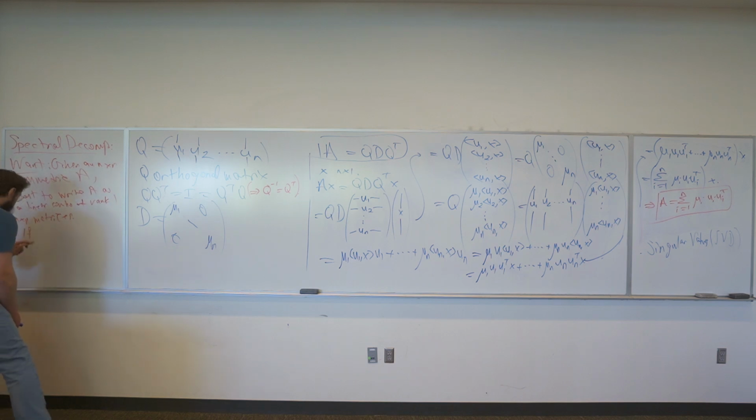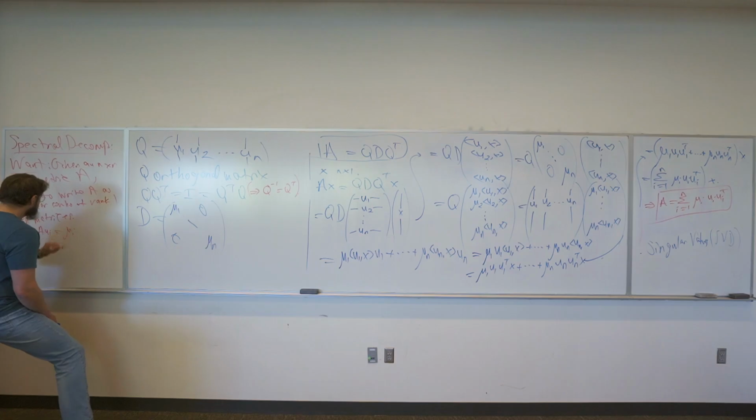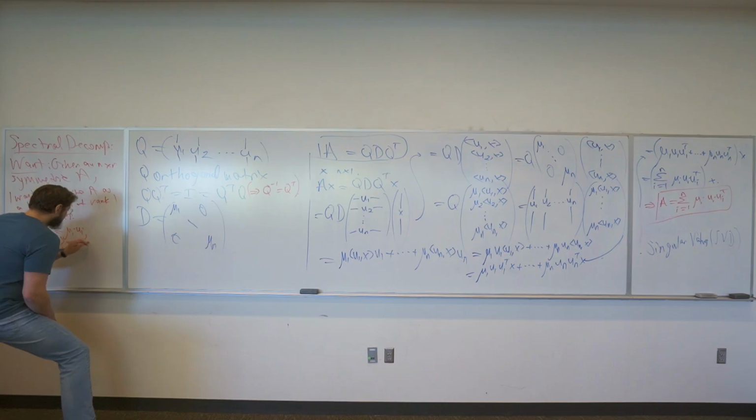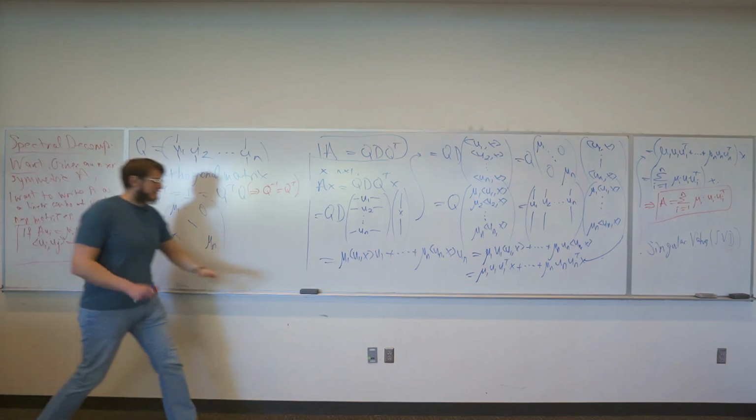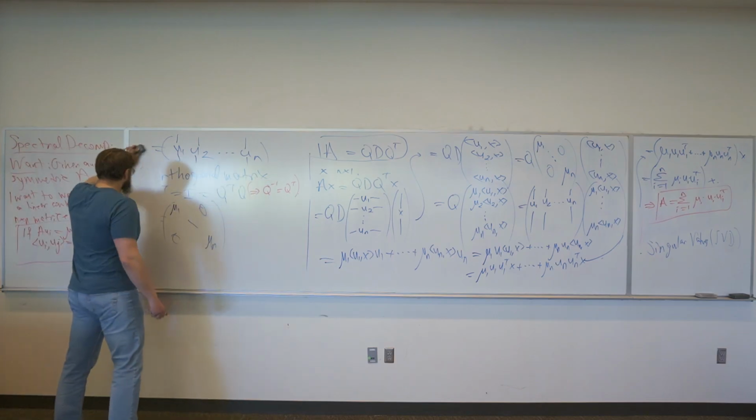So if A ui equals mu i ui, and ui against uj is 1 if i equals j, 0 otherwise, right, that's the hypothesis. Then A equals that sum. I'll write it here.